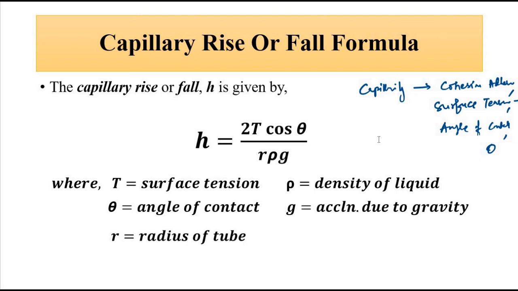Okay, so this capillary rise and fall is dependent directly on surface tension and angle of contact, and the other things are constant, that is radius of the tube is constant, acceleration due to gravity is constant, and density of the liquid is also constant.